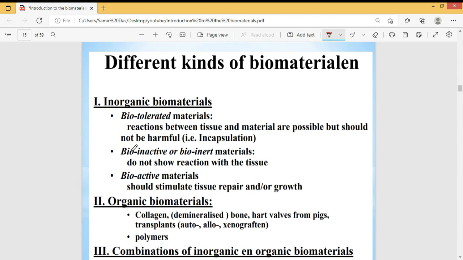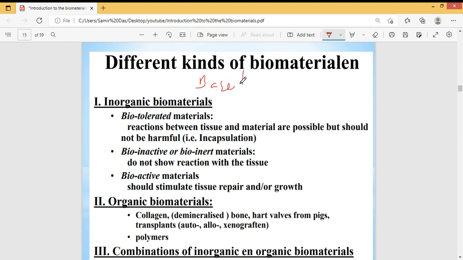Now, different kinds of biomaterials are based on their origin. First are inorganic biomaterials.